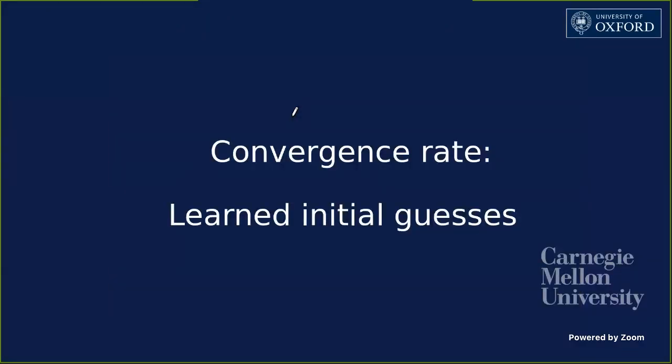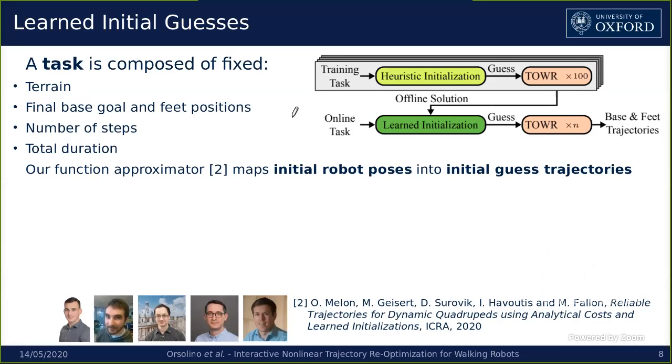I will switch to the second point I mentioned in the introduction, which was the convergence rate that can be improved with warm starting the trajectory optimization problem.